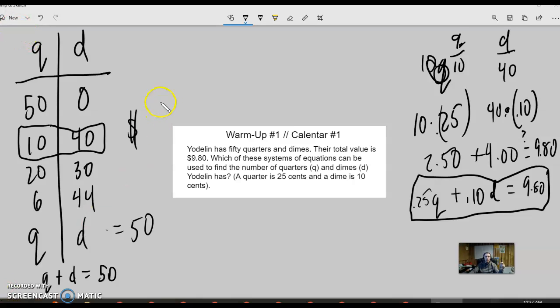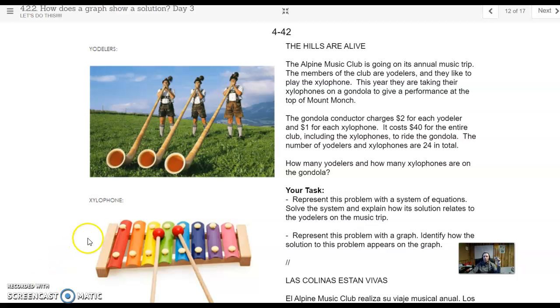Let's see. I'm going to just pause. Now, it's your task to start to walk through the rest of these slides. All right, slide 42 is trying to get you to write 2 equations, right, for the xylophones and the number of yodelers. So think of X and Y for xylophones and yodelers and walk through this problem.